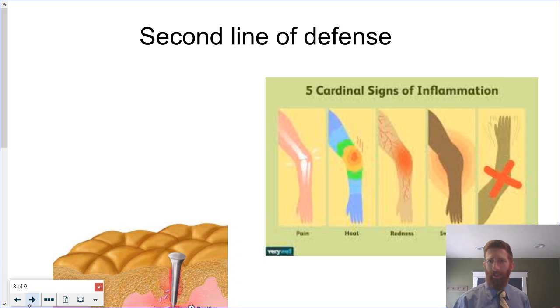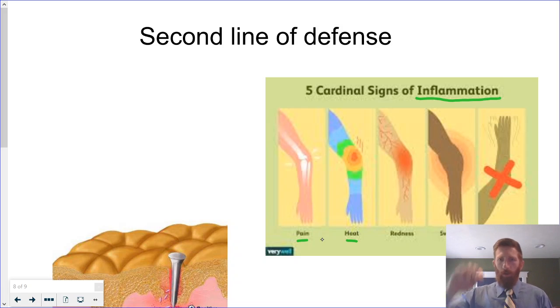Moving on. So second line of defense, we're going to start with this idea of inflammation. There are 5 cardinal signs of inflammation. Your book talks about this, so we've got to address it in our notes. Number 1, the area hurts. Number 2, if you touch the area, it feels hot to the touch. Not like the forehead, not like a fever, but that specific area.